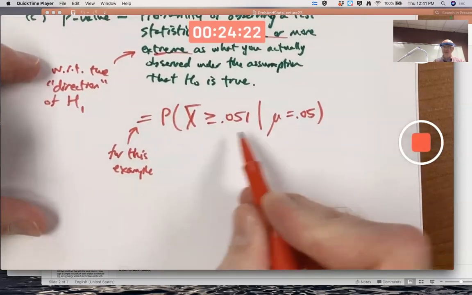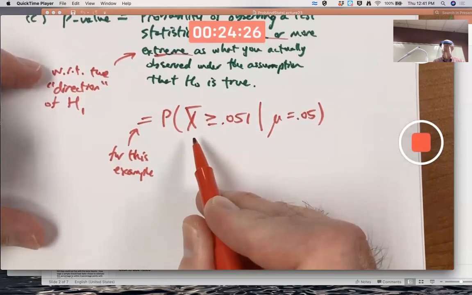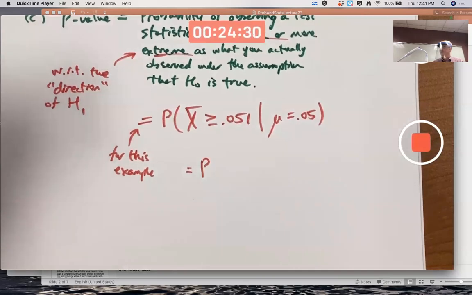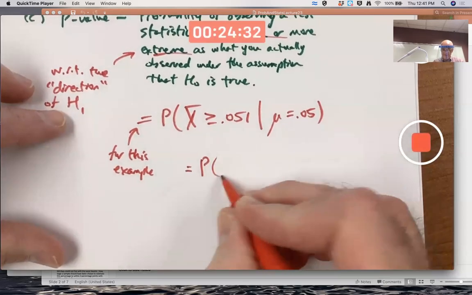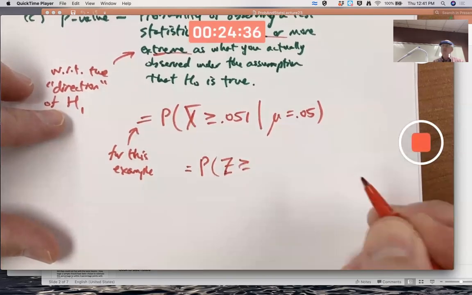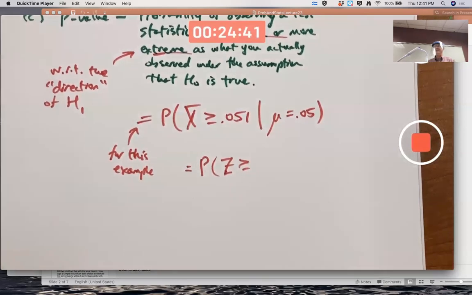So that's what's as extreme or more extreme, X bar being our test statistic. But we can also think of Z as our test statistic because we can convert this to a Z. Now, you don't always do this on your homework, right? You're used to using your technology and not necessarily using the table.